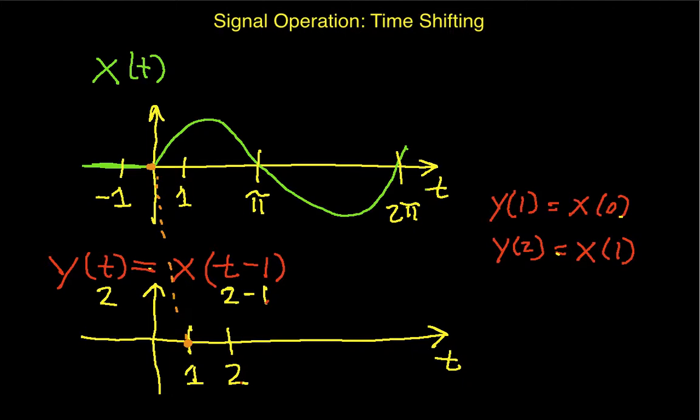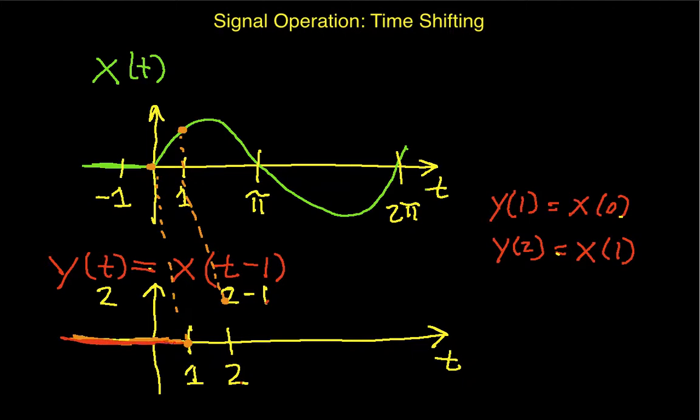X of 1 is this value here. So y of 2 is going to be that same value down here. And we could keep repeating this process until we discovered, and hopefully it's beginning to make sense now, that if I say y of t is x of t minus 1, then what I'm doing is taking x and shifting it to the right by 1 unit to get y of t. And so when I go through and draw this all out, I get something that looks like this. Here, we'll do this in red.